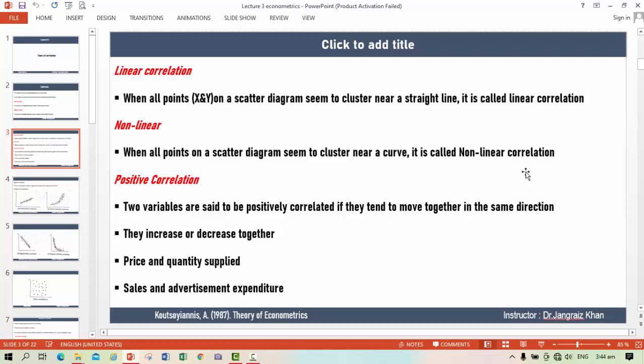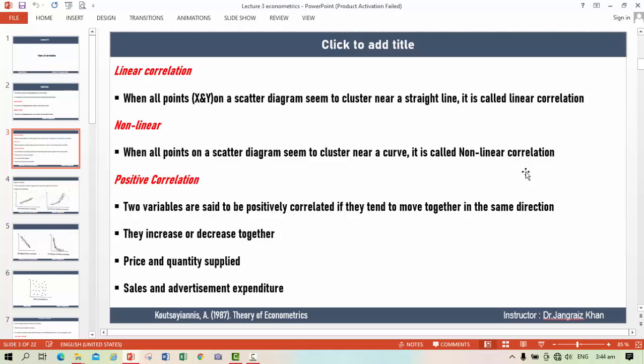Similarly, we have a positive correlation. Two variables are said to be positively correlated if they tend to move together in the same direction. They increase or decrease together. For example, price and supply. If the price increases, the quantity supplied by the producers or the sellers also increases.